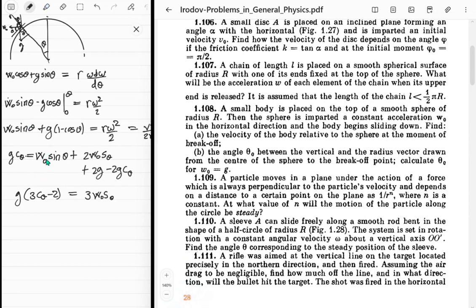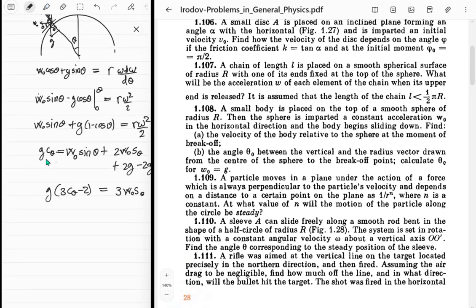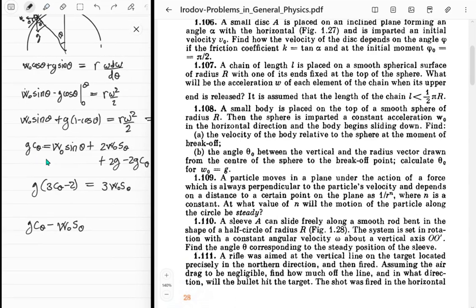What was the thing once again? It was g cosine theta minus omega naught sine theta. The integration of that thing somehow led us to the opposite thing, and it somehow works out. Okay, this is crazy.